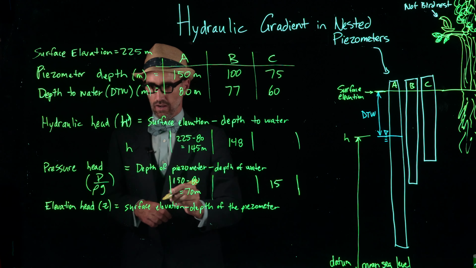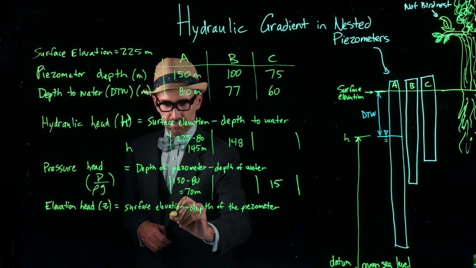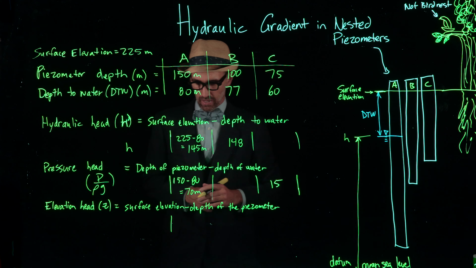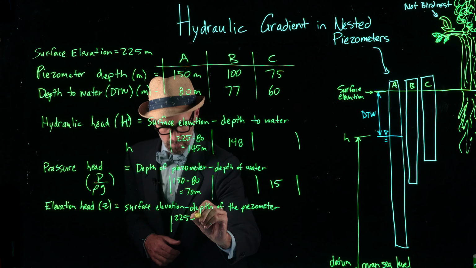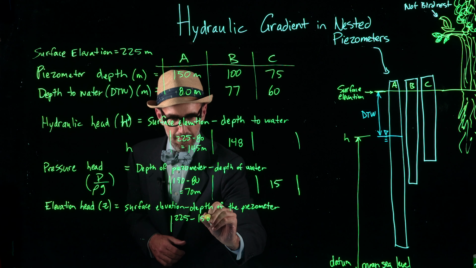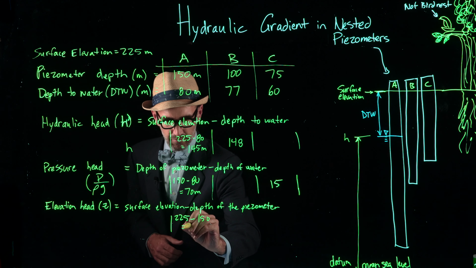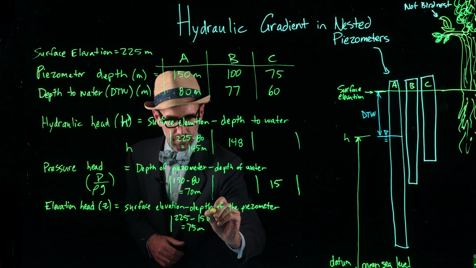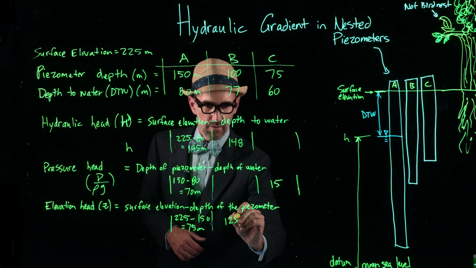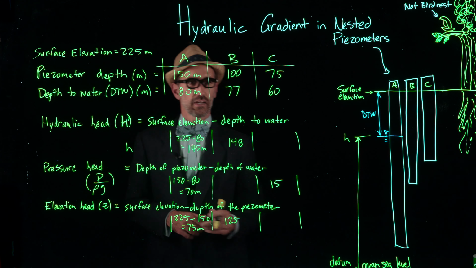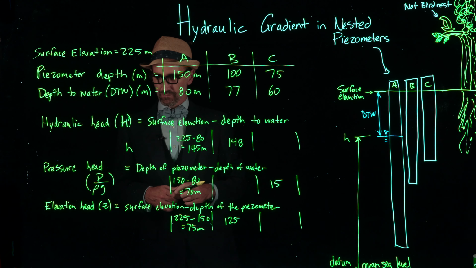So how to calculate that, we get a result of 225 minus 150, which is equal to 75 meters, or 125 meters for B, and I'll leave C blank for you to play with.